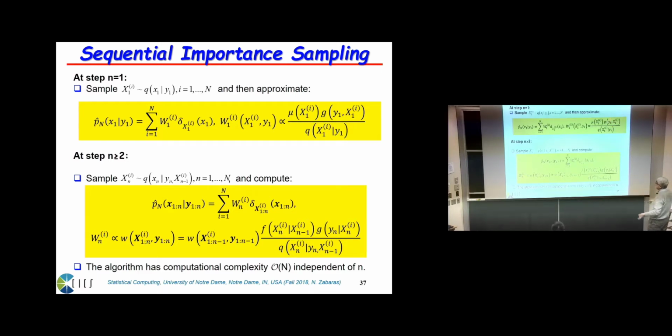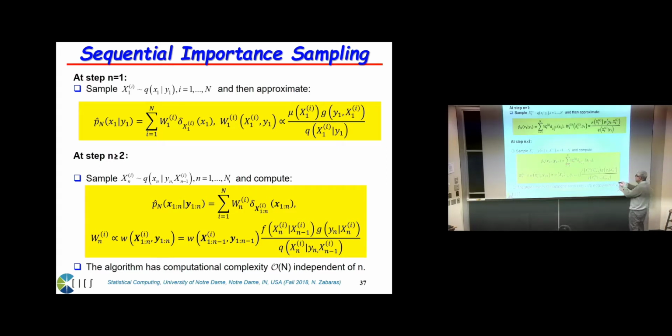And then at time 2 and further down, let's say at time n, you're going to sample from this proposal distribution, and you're going to compute the incremental weights given by this nice formula, and then the approximation of the posterior is given in this nice way.